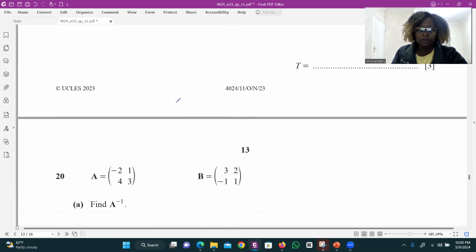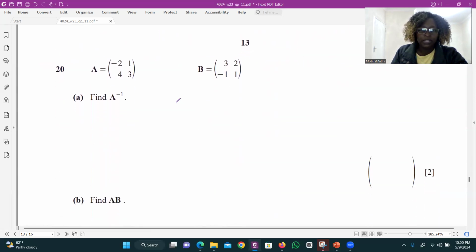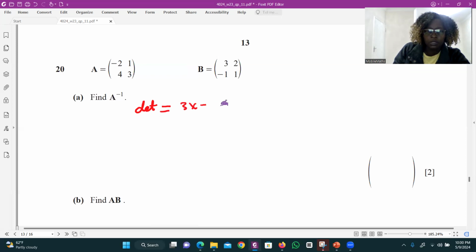Okay, let's move on. Number 20, find the inverse of A. For the inverse, we find the determinant. So the determinant is equal to 3 times minus 2, then I can put brackets here and say minus 4 times 1. This is going to give us minus 6, then minus 4.